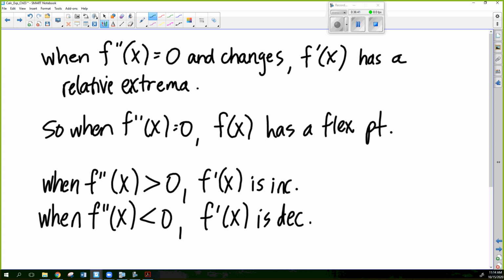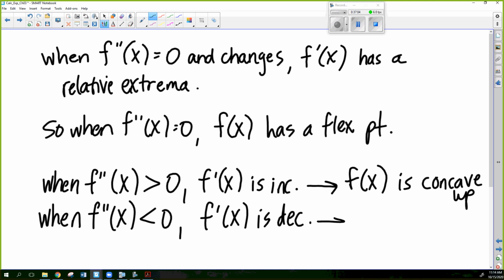Well, what did we say about the concavity of f? So this is also when f is concave up, and this is when f is concave down.